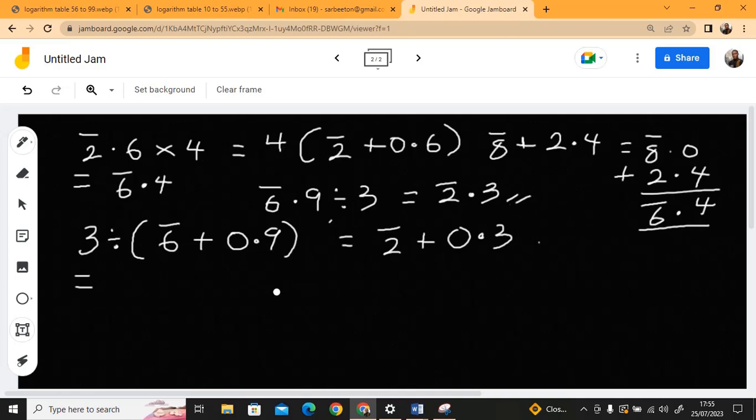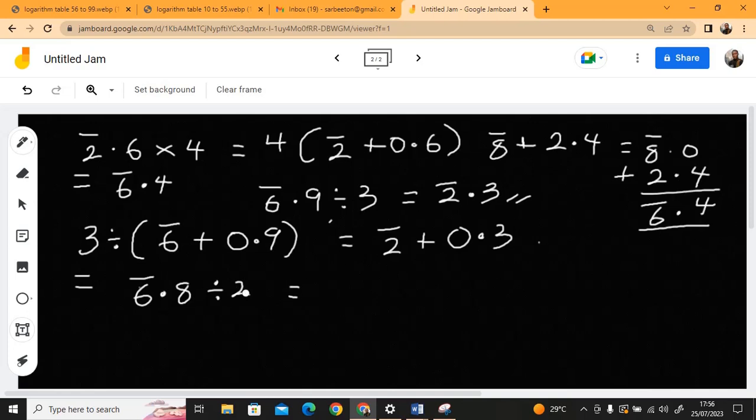Now let's check another one. Let's assume you are given something like this. Let me do another example for this. You have bar 6.8 divided by 2.